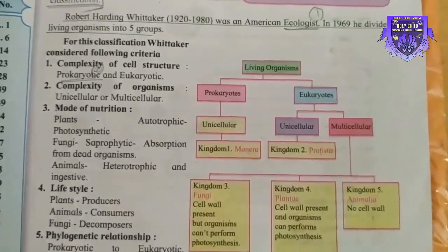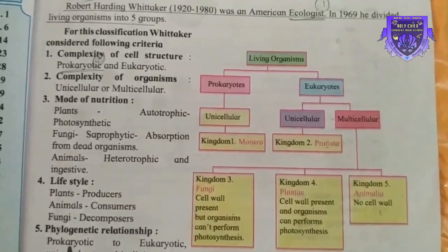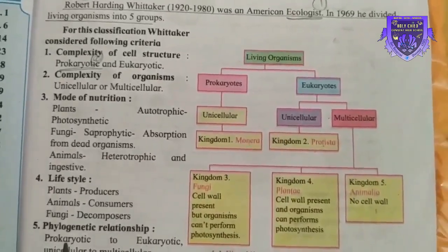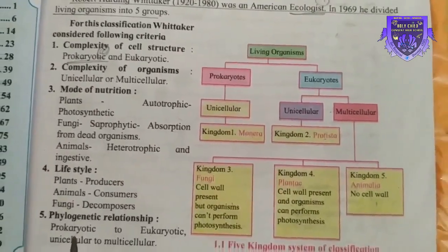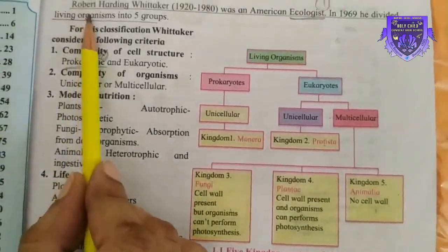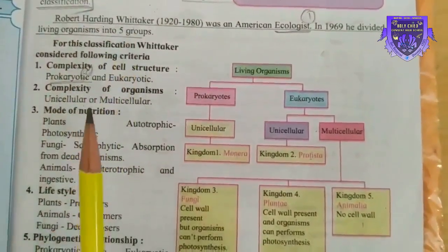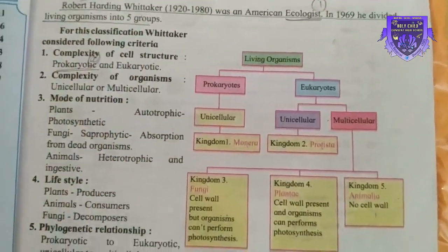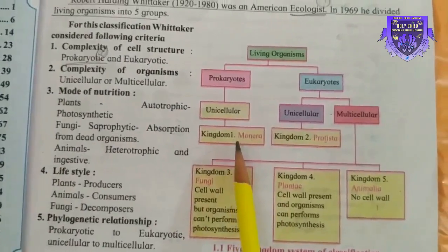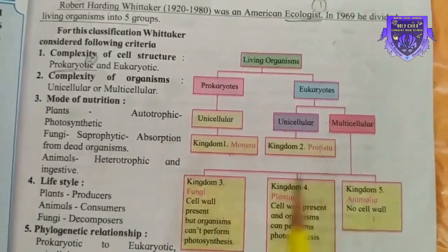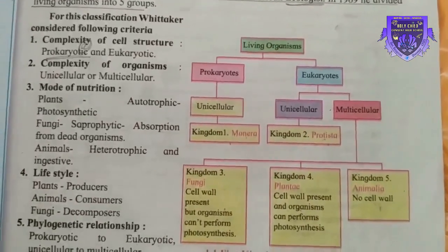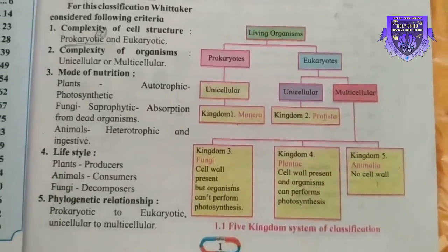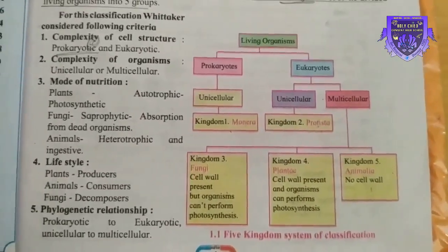This classification is also done on different bases, and many scientists have made attempts for this. Robert Whittaker has classified them into 5 groups: Monera, Protista, fungi, plantae and animalia. Now this classification is also on different criteria.